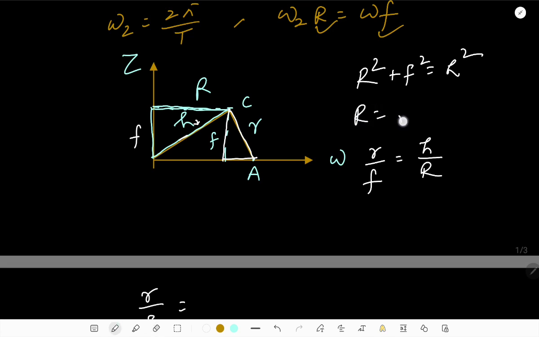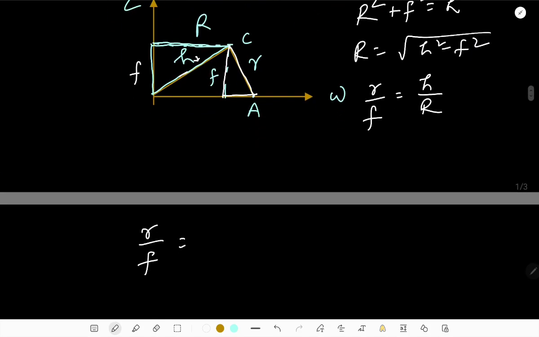R should be equal to the square root of H square minus F square. That was correct, but I needed R. So R upon F is equal to H divided by the square root of H square minus F square.